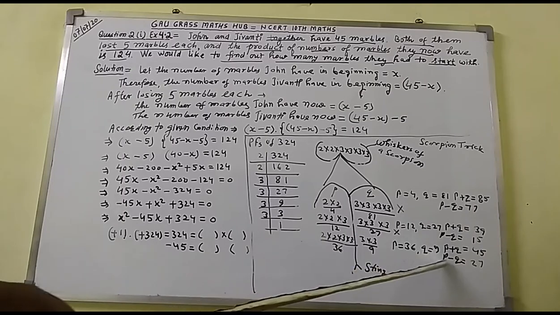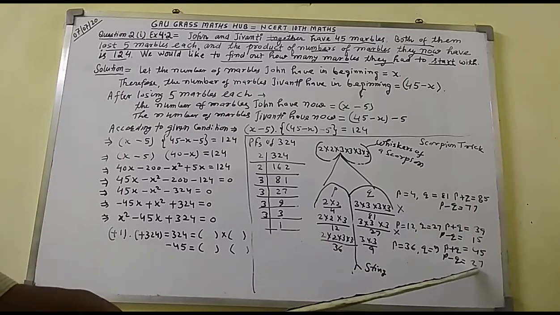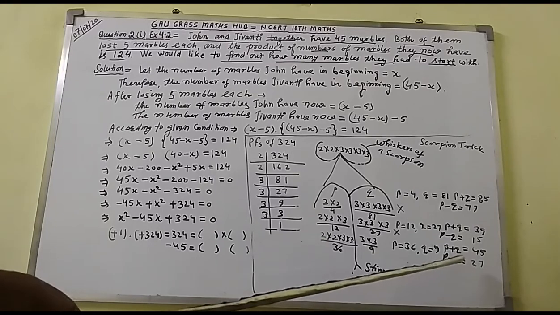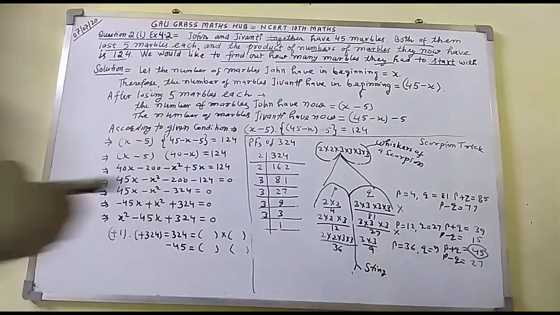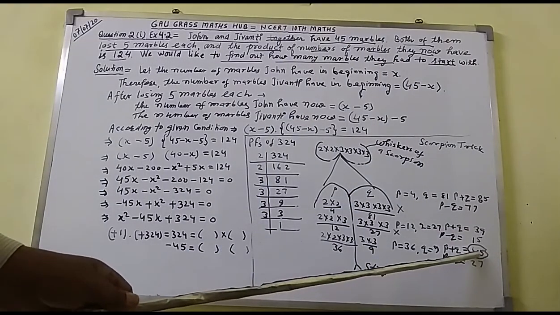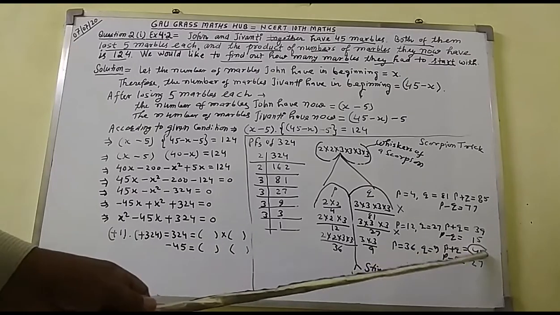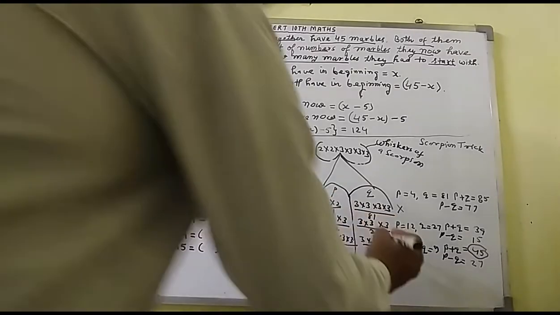P minus Q, if you do here, you will get 27. I have neglected the sign here. So here you can see this 45 is the coefficient of x. You can see the coefficient of x here is 45. This means that this distribution will be accepted.